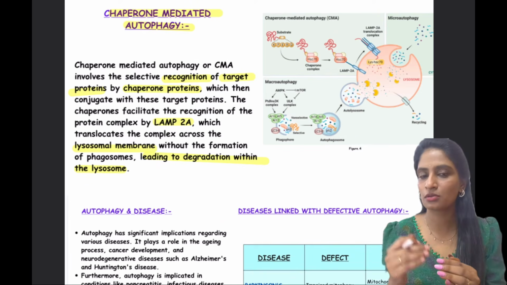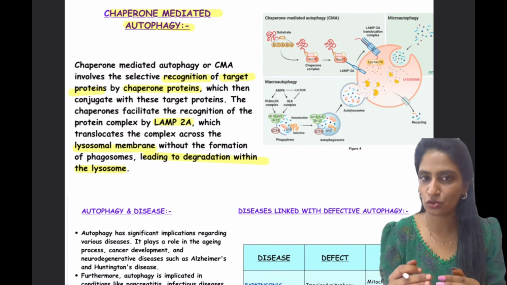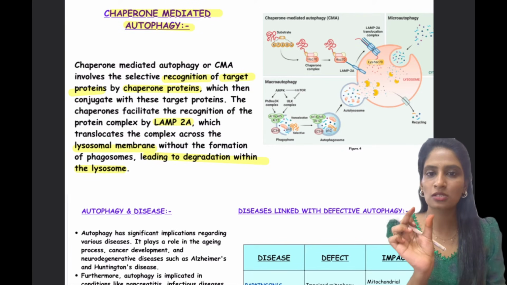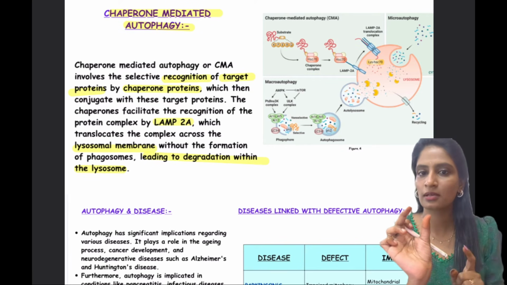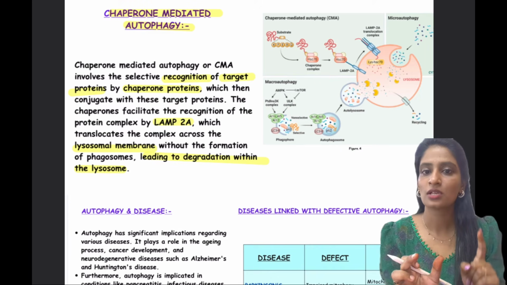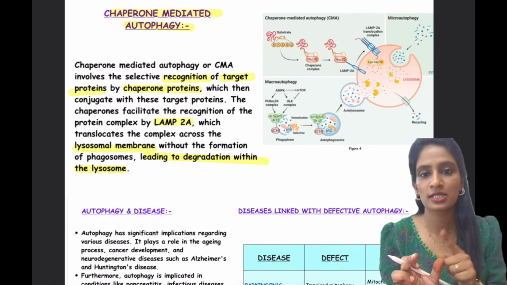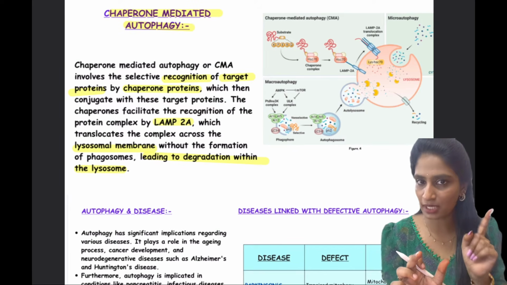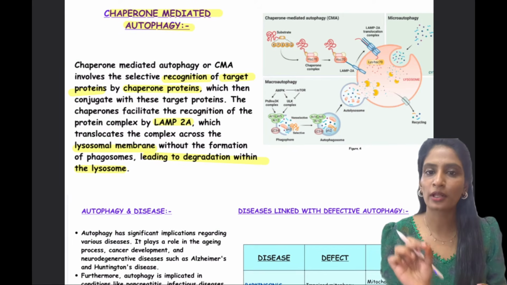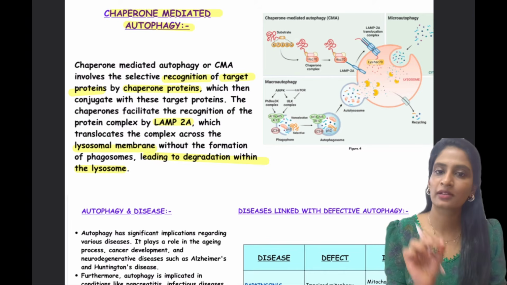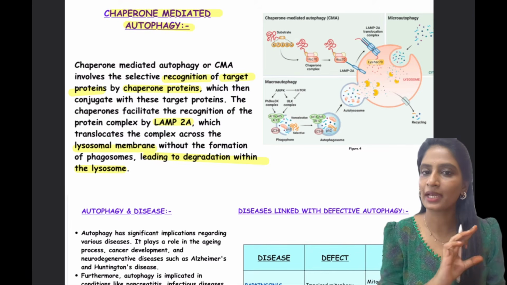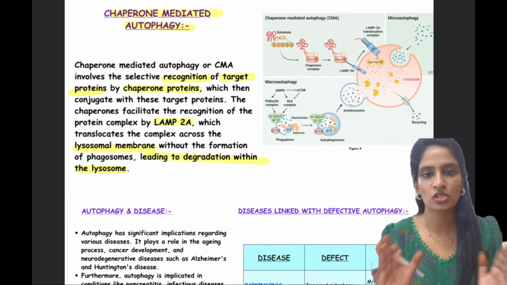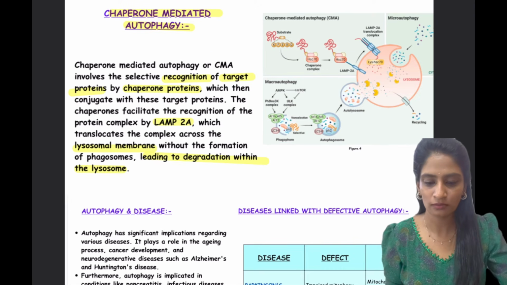The protein and chaperone form a complex, and this complex comes to the lysosome. LAMP2A is the gate, that is the passcode. Once the passcode is checked, the chaperone and protein complex will enter the lysosome and go for degradation. This is the simple process happening in chaperone mediated autophagy.